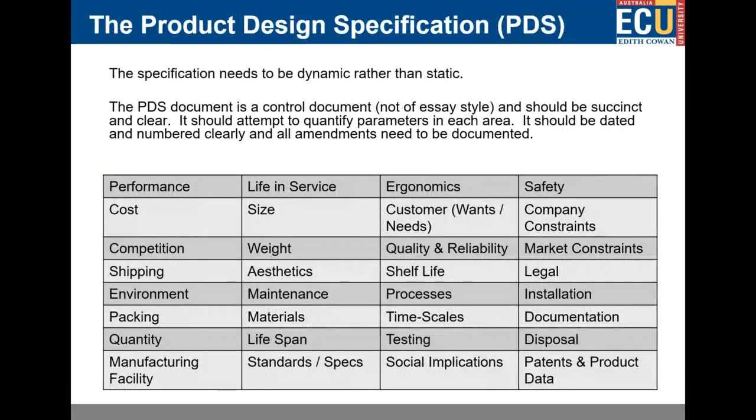So when you collate this information though, we need to define our problem very well. Okay, and so when collating information of a problem, what we generally do is create a product design specification. Okay, and this helps identify the key requirements of the design. So the specification itself is dynamic rather than static, so it's always changing.